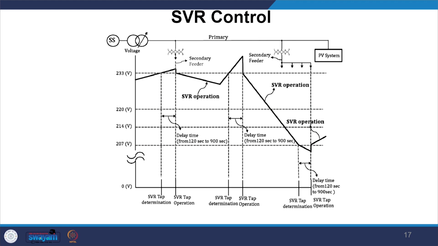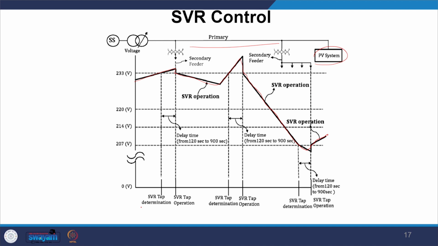Now, if you look into the voltage profile, how it keeps on changing. So, let us imagine this is your substation voltage, and there is a primary feeder, okay, and finally you have a DG, for an example a PV system, and through SVR you can experience how the voltage profile keeps on varying through adjustment, so that means there is a drop and then you compensate, there is a drop and then you compensate.